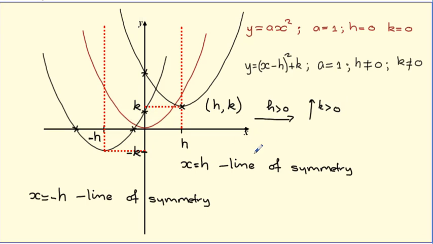Now if we change this, let's suppose that this h is a negative number. So in this equation we'll simply write y equals x minus, our h is a negative number, minus h. In this case we're considering this point here symmetrical to that, all squared plus our k.